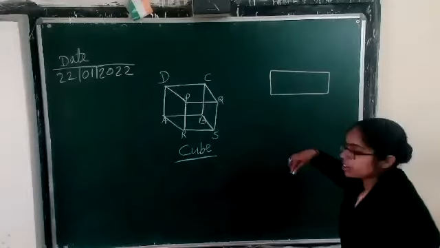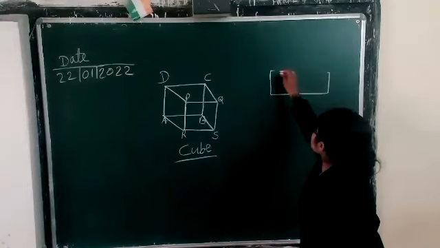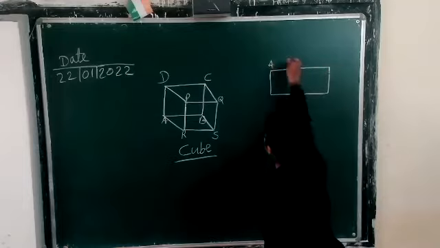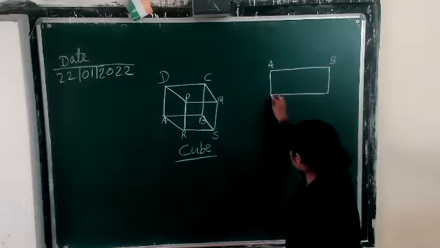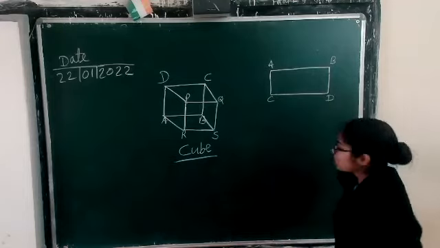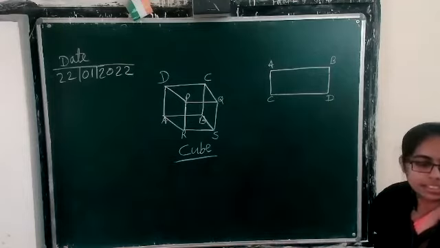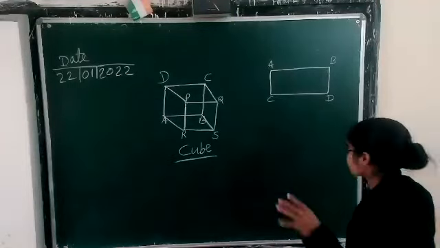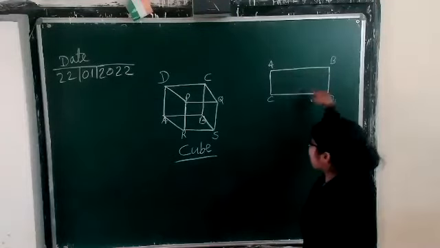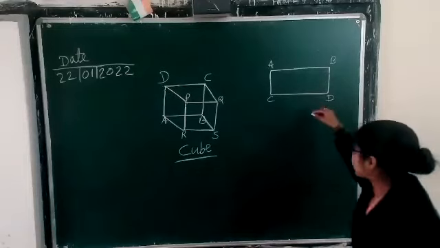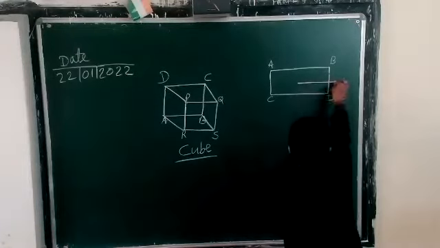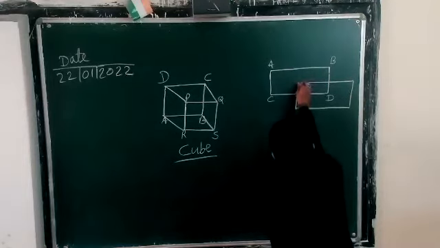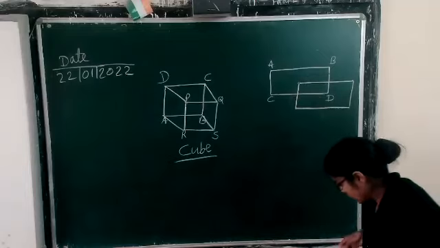Give any name to this rectangle: A, B, C, D or P, Q, R, S. Now make another rectangle, either up or down, but it should cut the first rectangle like this. Both rectangles should be of the same measurement.